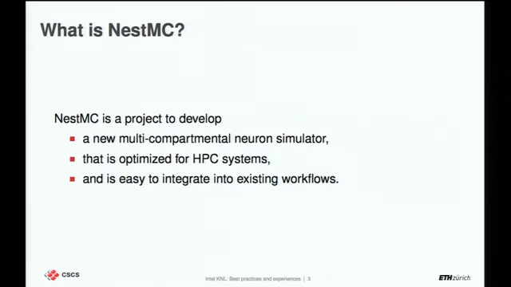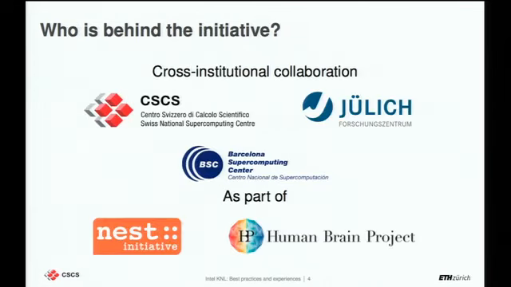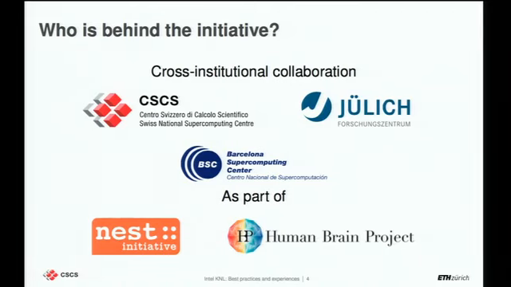This is basically a collaboration between different HPC centers, our center, Jülich, and BSC. And it's also part of the Human Brain Project and the NEST initiative. NEST is, again, a neurosimulation code that mostly focuses on large simulations and not just on what's going on inside each neuron in its cell.